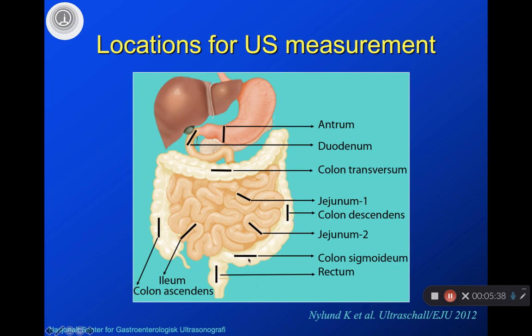So then we have a systematic scanning of the colon, and after that we can scan the small bowels by a principle called mowing the lawn in a systematic fashion, back and forth like this and up and down like this, in order to detect target lesions of the bowels or other signs of pathology.